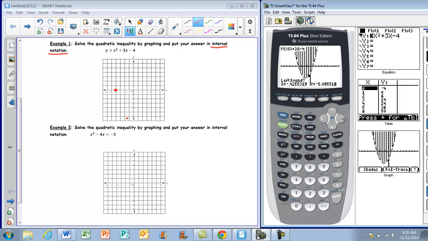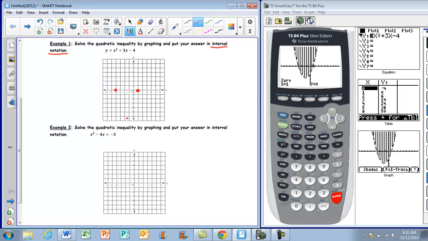So on this side here, your left bound will be below. Your right bound needs to go above. And our other 0 is at 1, 0.